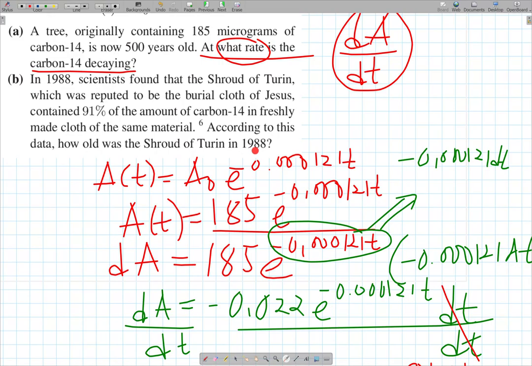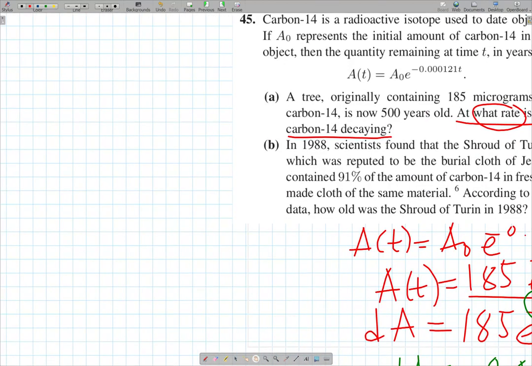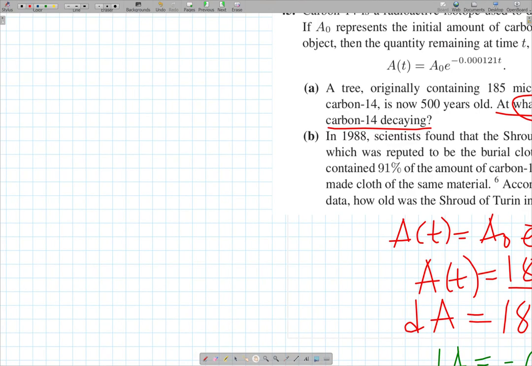So, ano ba yung binigay na equation? Wala siyang rate dito, no? Walang sinabi rate dito. So, meaning we have to use the original equation, this one. A of T equals AO. So, sulat natin, no? Sa kabila. A of T is equals to AO, or the initial amount of carbon-14, E negative 0.0000121 T. Okay?